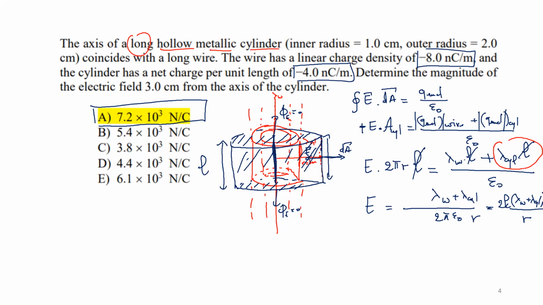Well, I will tell them that this is the total charge enclosed. Here I give you lambda cylinder. You remember, total charge is just charge density multiplied by the volume, if I have a volume, okay? And it's equal also to surface charge density multiplied by the area, if I have a surface charge density, but it's also equal to lambda, which is a linear charge density multiplied by the length.